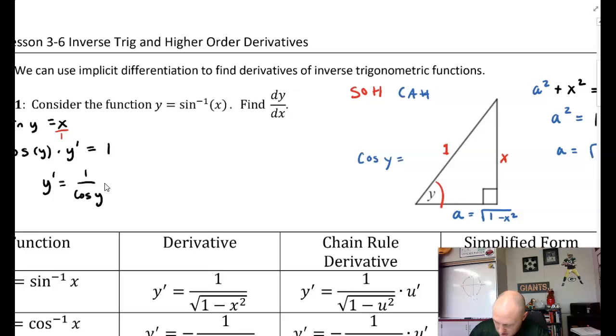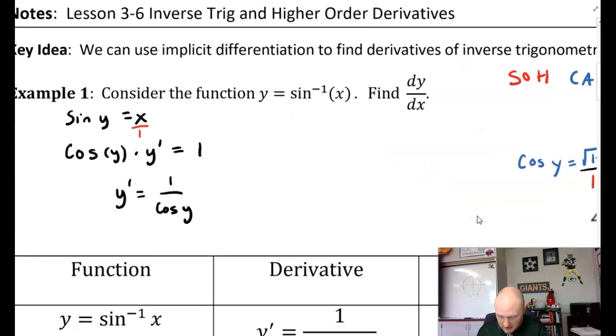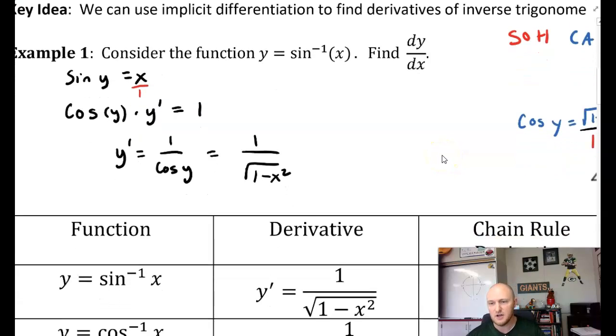So my cosine of y is the square root of 1 minus x squared, that's the side adjacent here to y, divided by 1. And obviously dividing by the 1 is trivial, right? So I can replace cosine of y with the square root of 1 minus x squared. And there, my friends, is the derivative of arc sine.